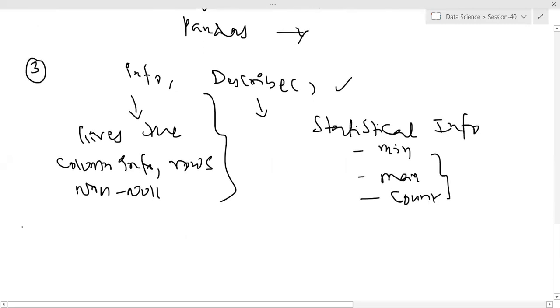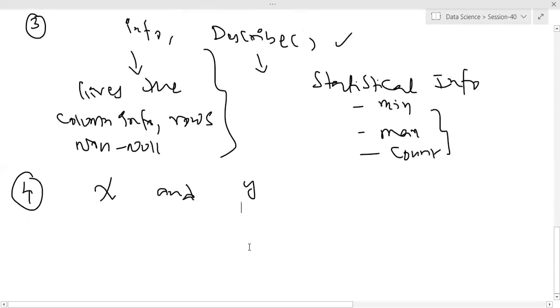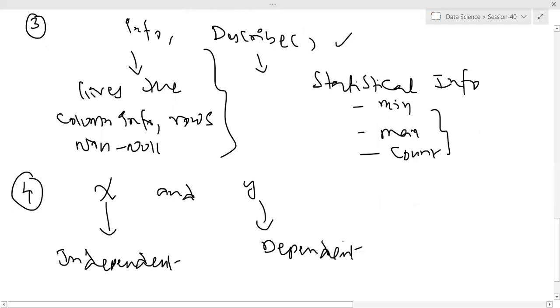Once this understanding about the data is over, the next important aspect, friends, is that we have to segregate the X and the Y. This is the basic step you can bank on before applying any algorithm. Now, what do you mean by this X value, friends? Independent. Yes, these are nothing but the independent variable, and this is the dependent variable.